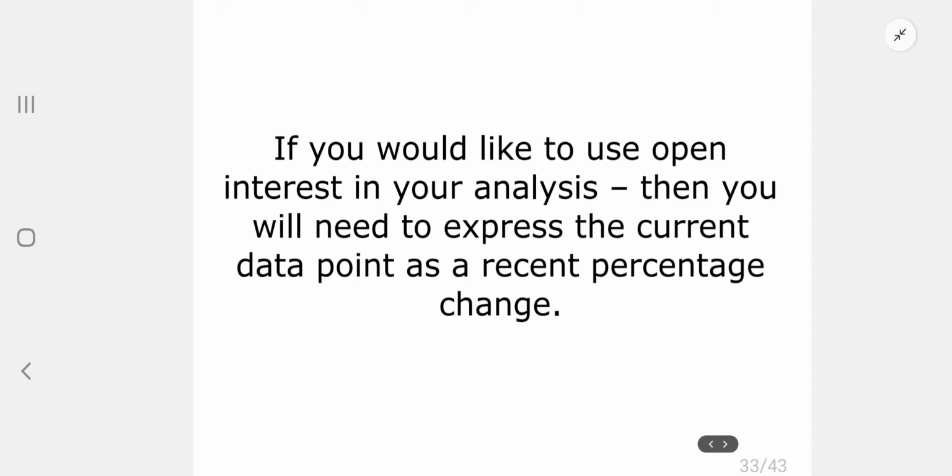If you would like to use open interest in your analysis, then you will need to express the current data point as a recent percentage change.